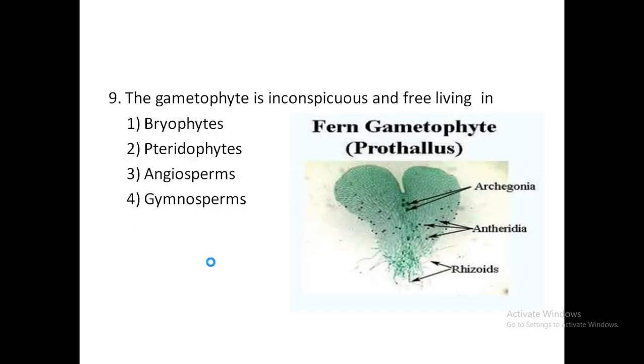Next question. The gametophyte is inconspicuous and free living. Inconspicuous means it does not have a longer duration. It survives only for a shorter duration, and also it is extremely small in size. In bryophytes, the gametophyte is dominant and quite conspicuous. In angiosperms and gymnosperms, the gametophyte is not free living because it lives within the sporophyte.